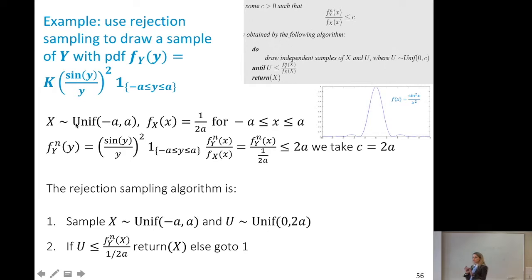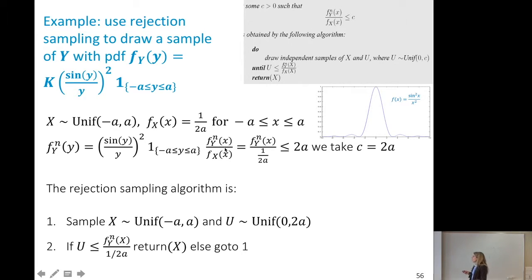For x, we need to know a method to take a sample of x. Because y has a finite support between minus a and a, we choose x uniformly distributed between minus a and a. So the probability density function of x will be fX equal to 1 over 2a for x between minus a and a, otherwise it's 0.